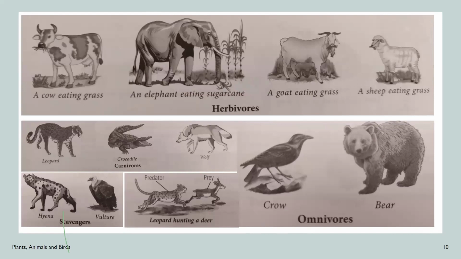Now we are seeing the animals, various kinds of animals. The first one is a cow eating grass, an elephant eating sugarcane. You can see the picture here. They are called herbivores. What are herbivores? They only eat plants. Herbivores are animals which only obtain their food from plants. Yes, true.